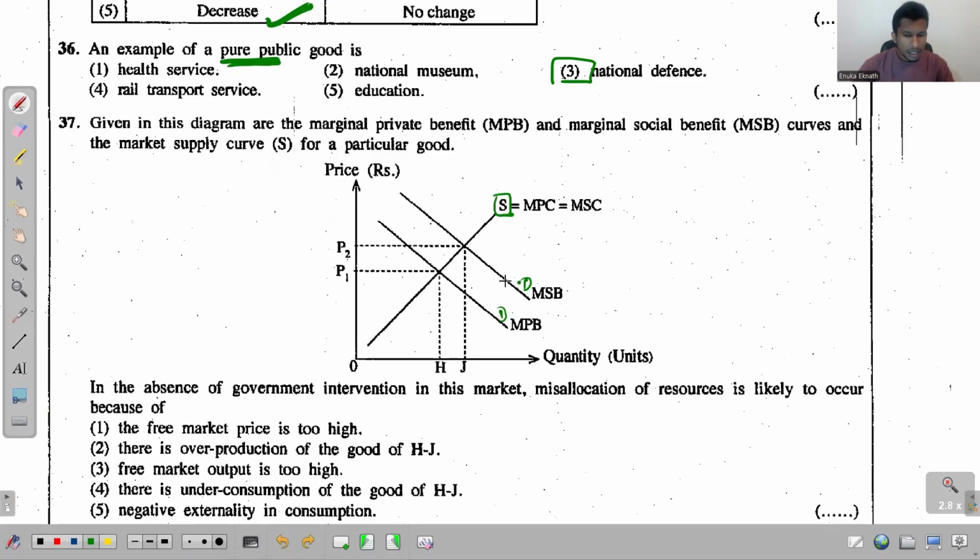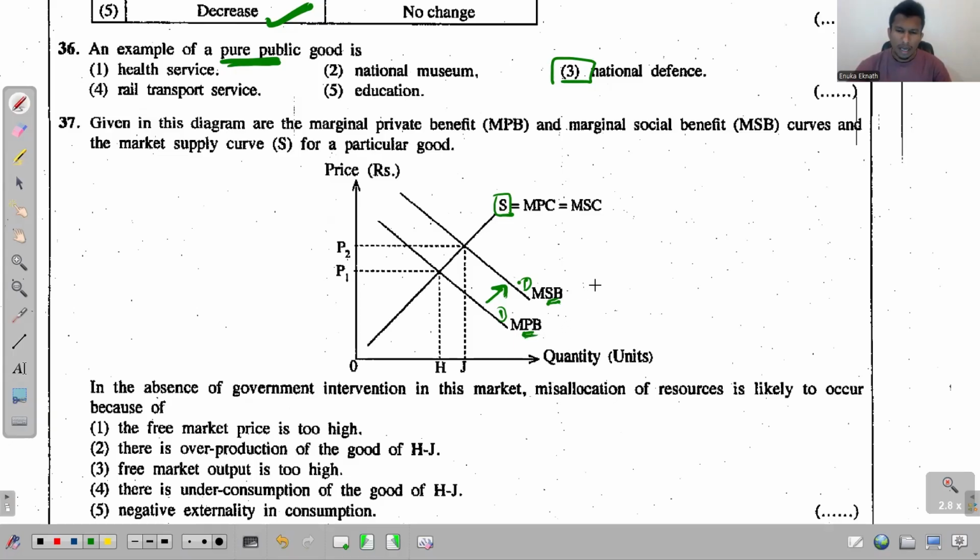So if you just recognize the positions of these two demand curves, the demand curve which is based on the marginal social benefit is on the right side of the demand curve based on the marginal private benefit. And what does that mean? Private benefit is lower than the social benefit. In other words, social benefit is higher than the private benefit.